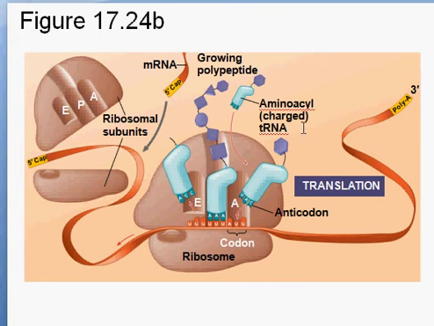And then what will happen will be the attraction of these transfer RNAs, bringing their amino acid into the first site, moving over to the second, and then being released in the third, and how that occurs through the matching of the anticodon to the codon. And when we have the amino acid attached to the transfer RNA, we call that a charged tRNA. So it's an aminoacyl charged tRNA when it has its correct amino acid attached.